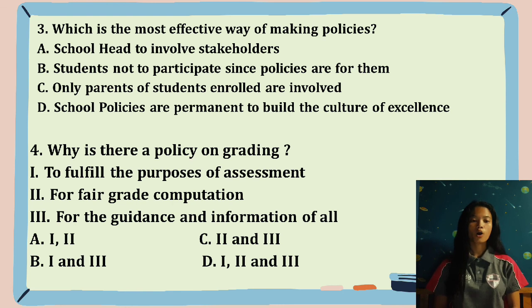Number 4. Why is there a policy on grading? 1. To fulfill the purposes of assessment. 2. For fair grade computation. 3. For the guidance and information of all. A. 1 and 2. B. 1 and 3. C. 2 and 3. D. 1, 2, and 3. Number 5.